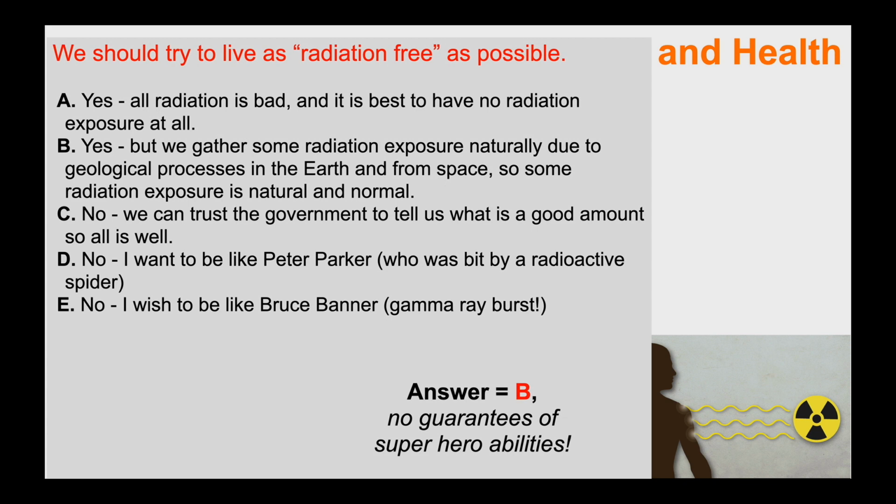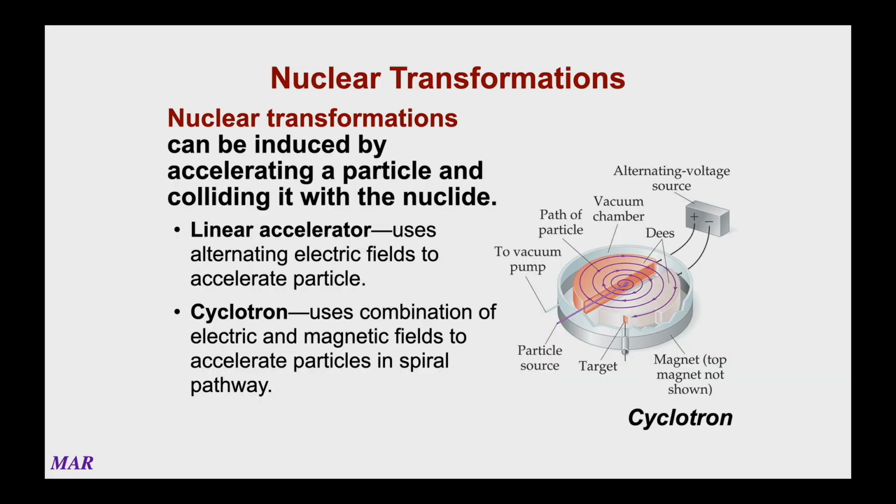Darn it. So, alas. Transforming nuclear elements is a big part of science, all right? It's some chemistry, it's also some physics. You can use things like a linear accelerator or a cyclotron to basically create heavier atoms from lighter ones. And these are really cool areas of research.